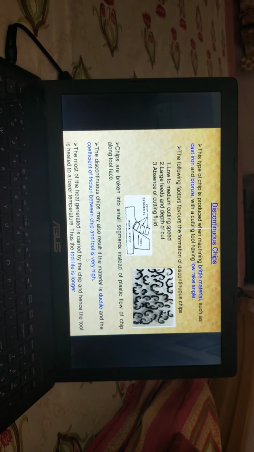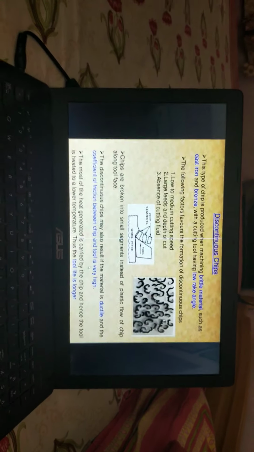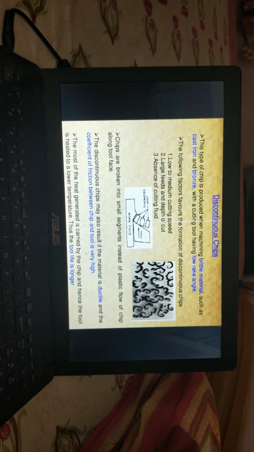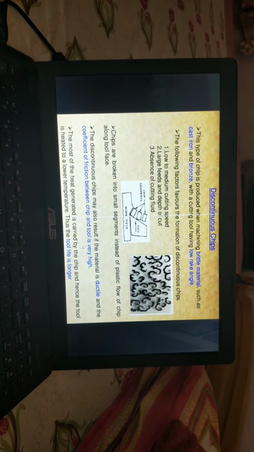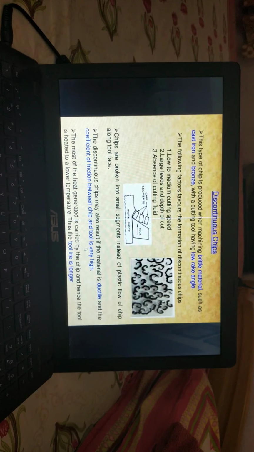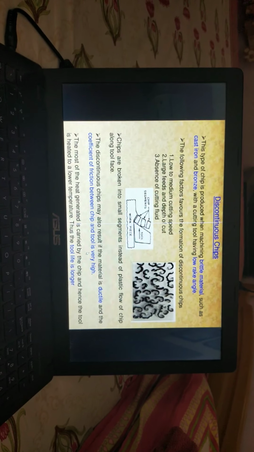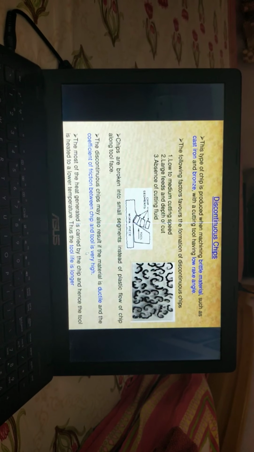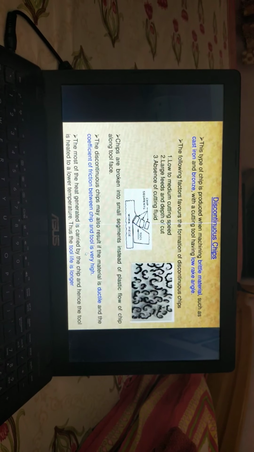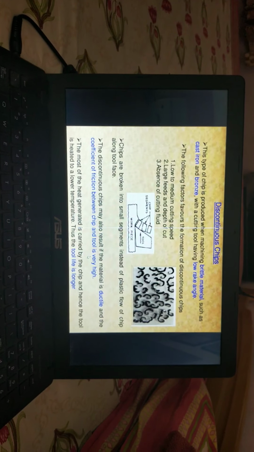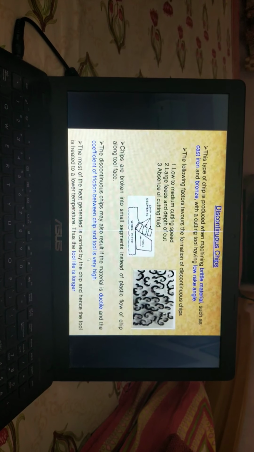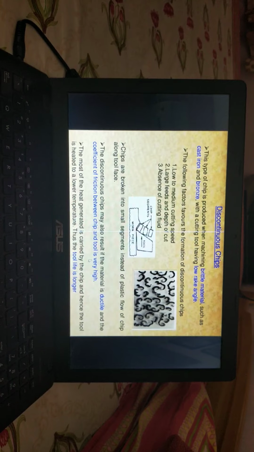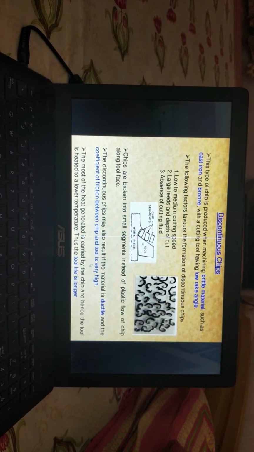Chips are broken into small fragments instead of plastic flow of chip along the tool face. Discontinuous chips may also result if the material is ductile and the coefficient of friction between chip and tool is very high. Most of the heat generated is carried away by the chip, hence the tool is heated to a low temperature, thus tool life is longer.